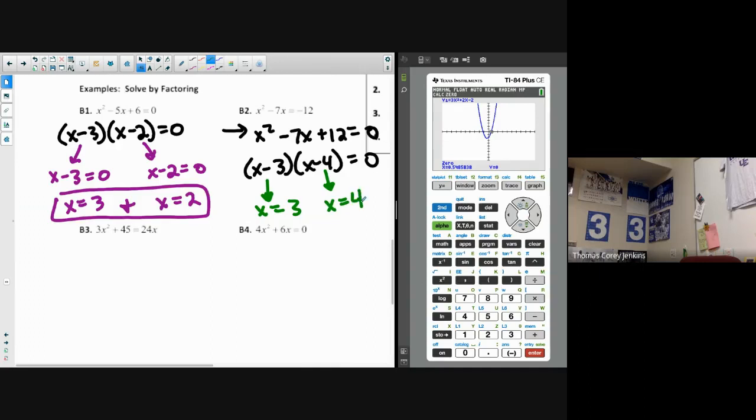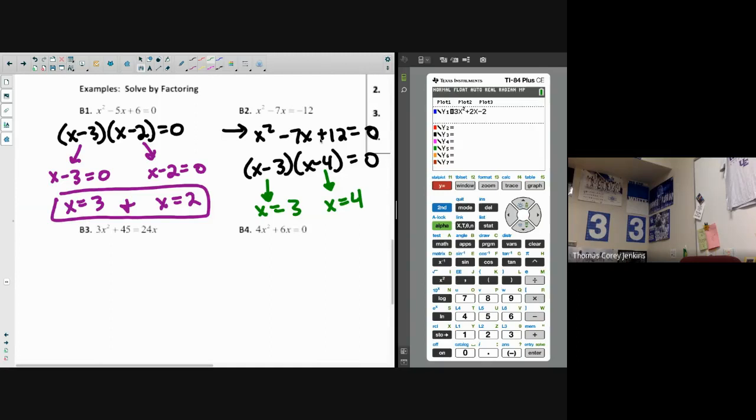All right. And again, you can always double check. You could double check multiple ways. You could double check algebraically, meaning you can sub in 3 and see if you get 12, sub in 4 and see if you get negative 12. Or here would be maybe a more creative approach to checking your answers.